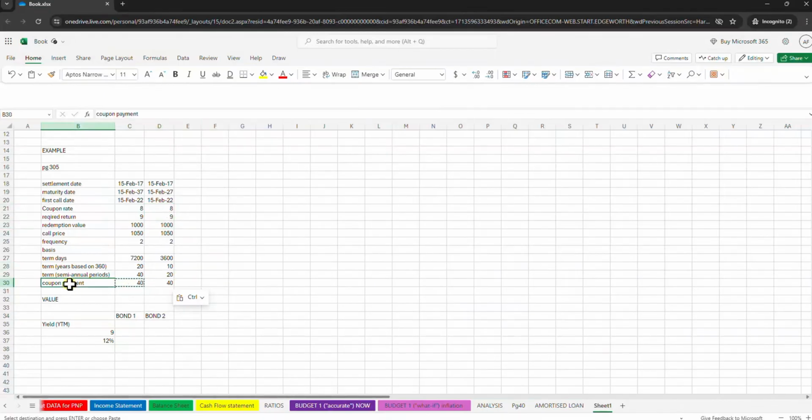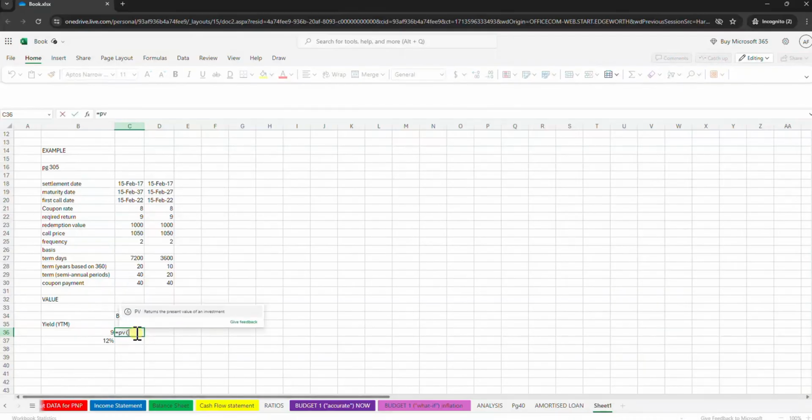So we've got the coupon payments, that's semi-annual, right? We've got the number of periods, we've got the yield to maturity here. And we have everything else. We've got the PV, the FV, then now we can do the working. So bond one's price with the yield to maturity of 9%.